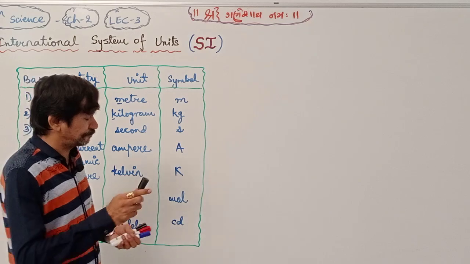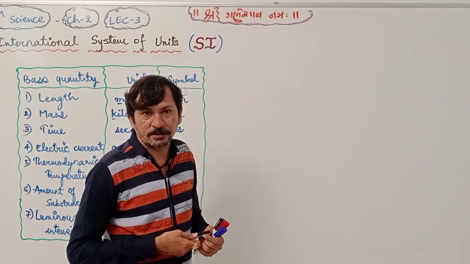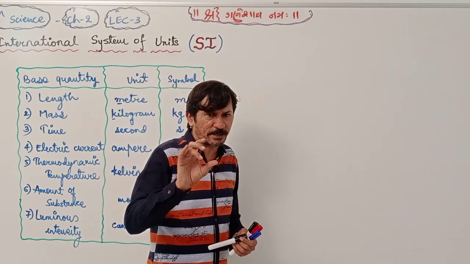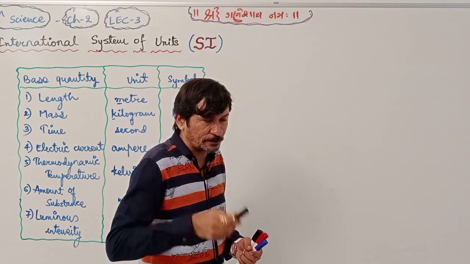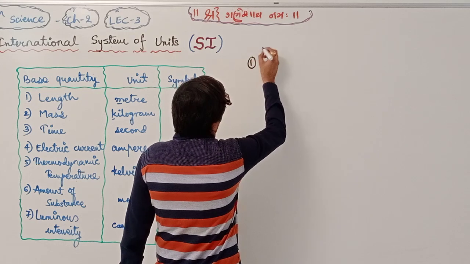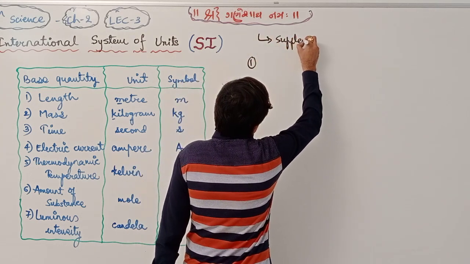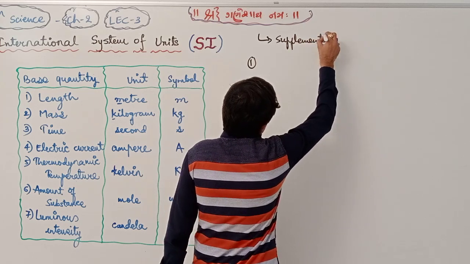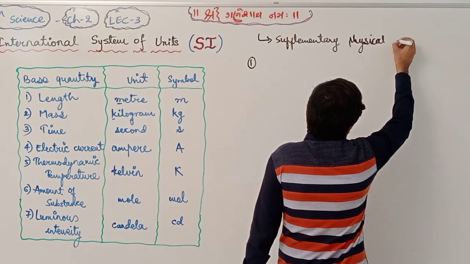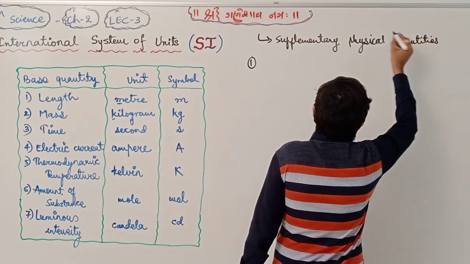Now dear friends, be careful, because these concepts of a plane angle and a solid angle are difficult up to some extent. So please be careful. In fact, supplementary physical quantities.